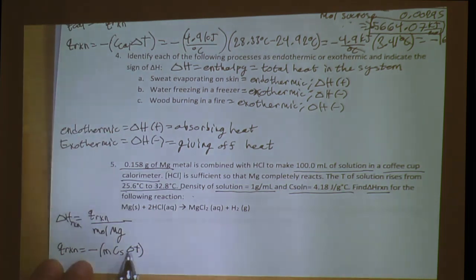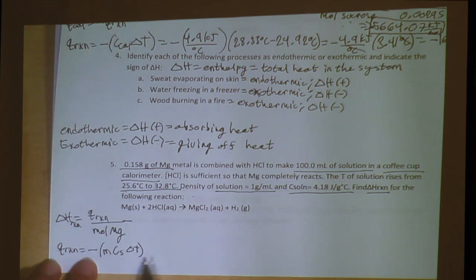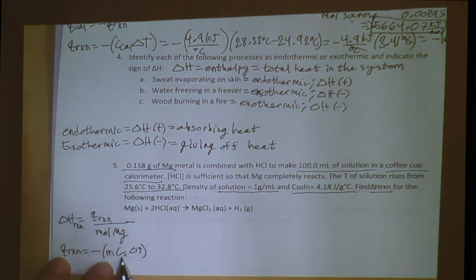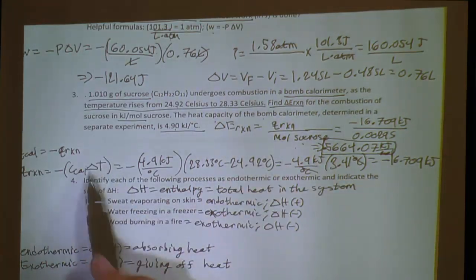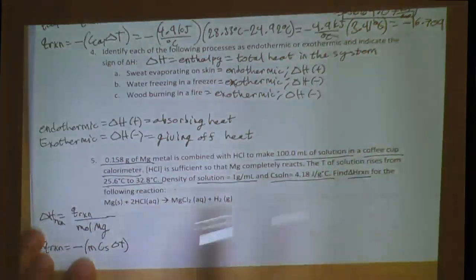Does it make sense why it's negative? Yeah, kind of. When we're looking for delta H reaction, we end up flipping our Q and making it negative. Also, something important: for a coffee cup calorimeter, we use mcΔT, whereas a bomb calorimeter was just Q cal. That's an important distinction. Bomb calorimeter is Q cal, coffee cup calorimeter is mcΔT.